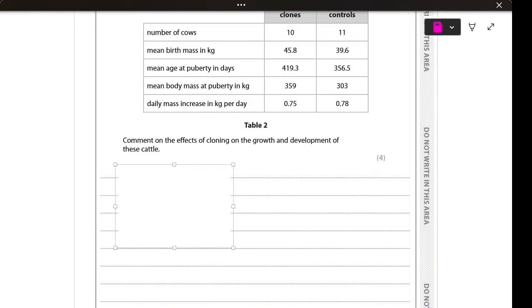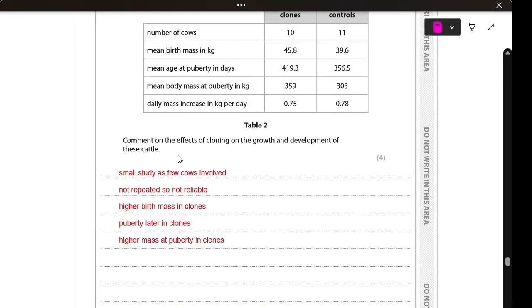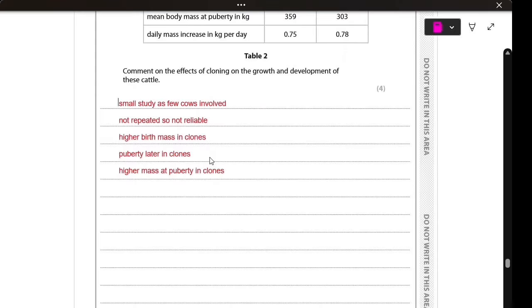So this should be our comment: small study as few cows are involved, not repeated, so may not be reliable. But as the table shows, higher birth mass in clones, later puberty in clones, and higher mass at puberty for clones. So that concludes our question number 5.